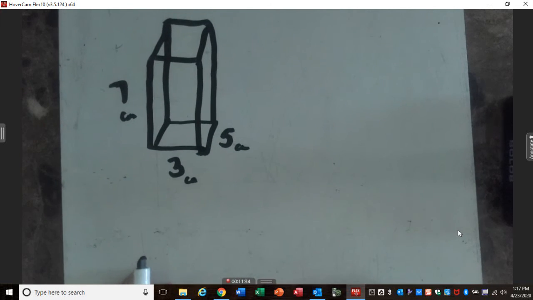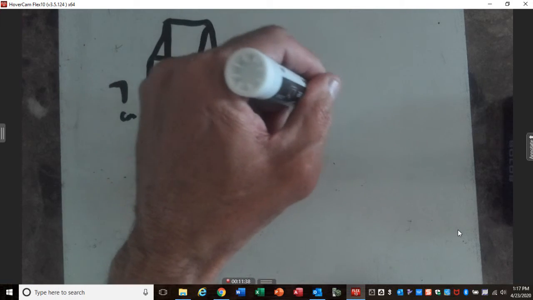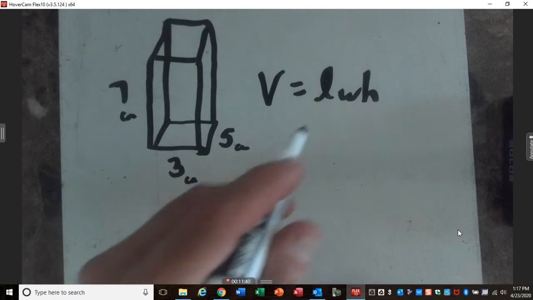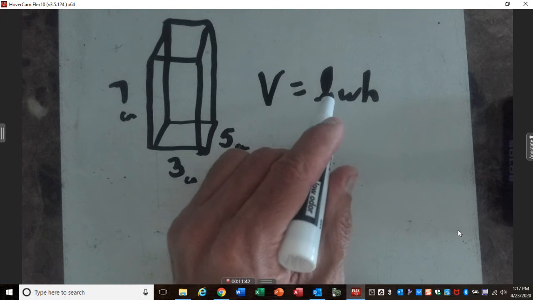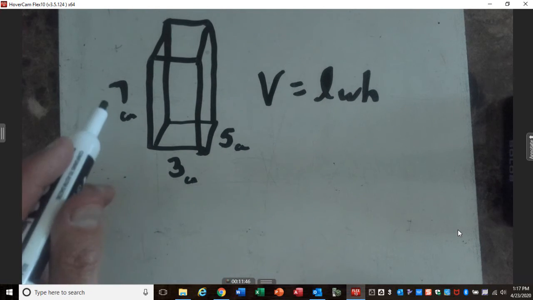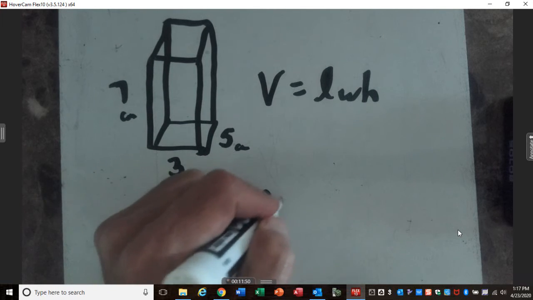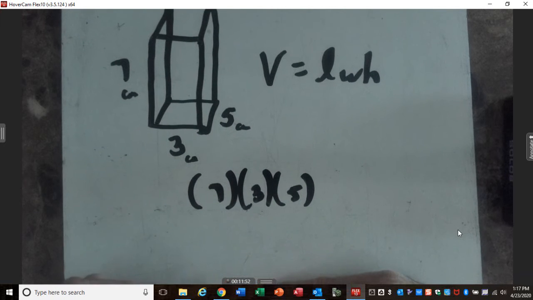Volume, capital V, volume is LWH. That means it's length times width times height. You will not see the multiplication symbols here. Just LWH. So now we're going to take 7, and really in any order, 7 times 3 times 5. 7 times 3 is 21.